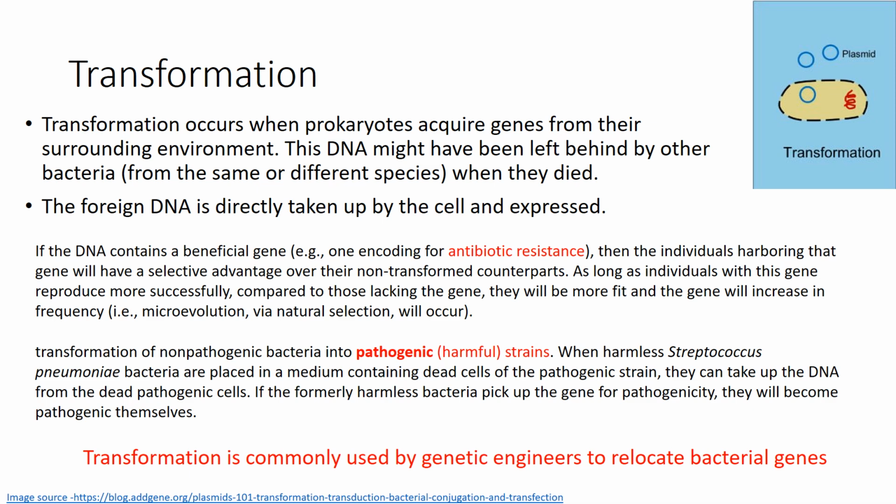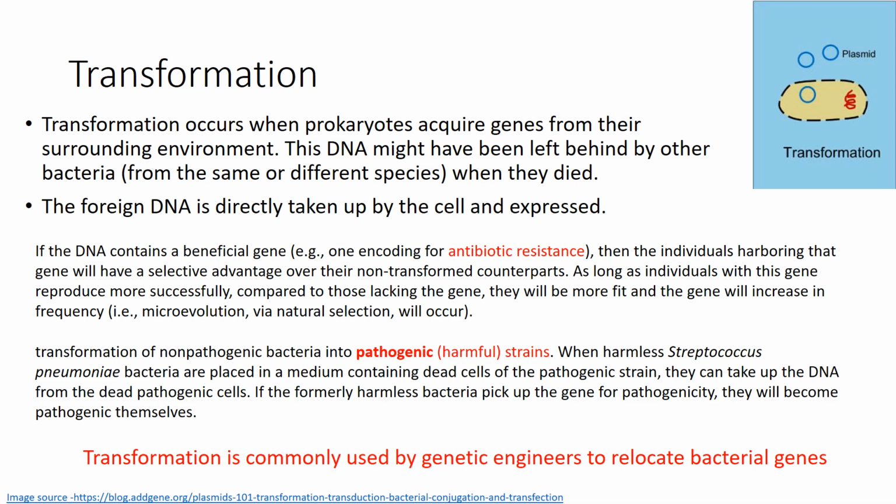If this foreign DNA is beneficial, which means that it gives some kind of success or some kind of advantage to this bacteria, for example, it codes for antibiotic resistance, right? It is a known fact that bacteria want to save themselves from other bacteria, and for this they have antibiotic resistance. Some of them have resistance to the antibiotic that is produced by the other bacteria or another source, right?